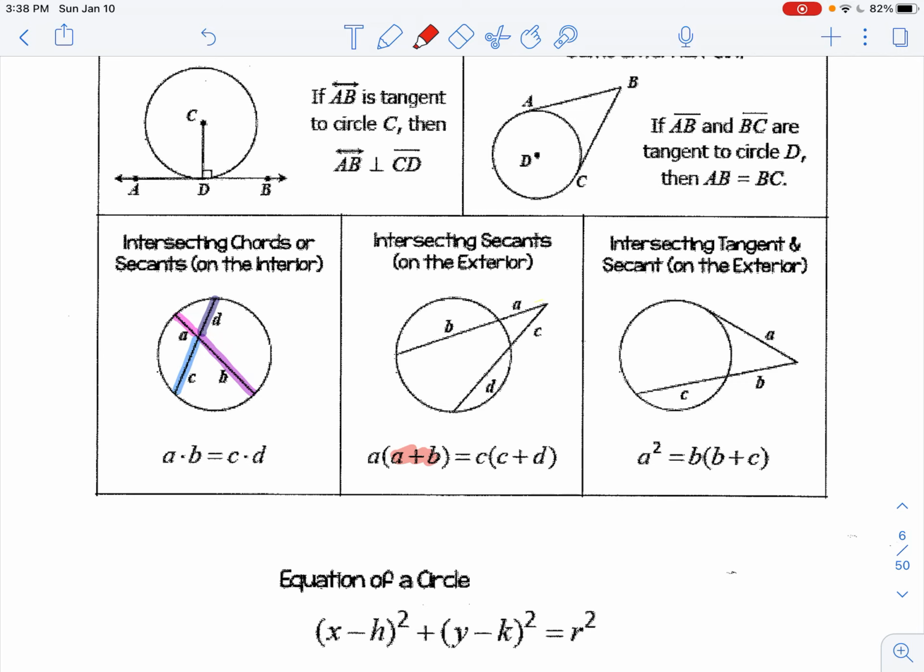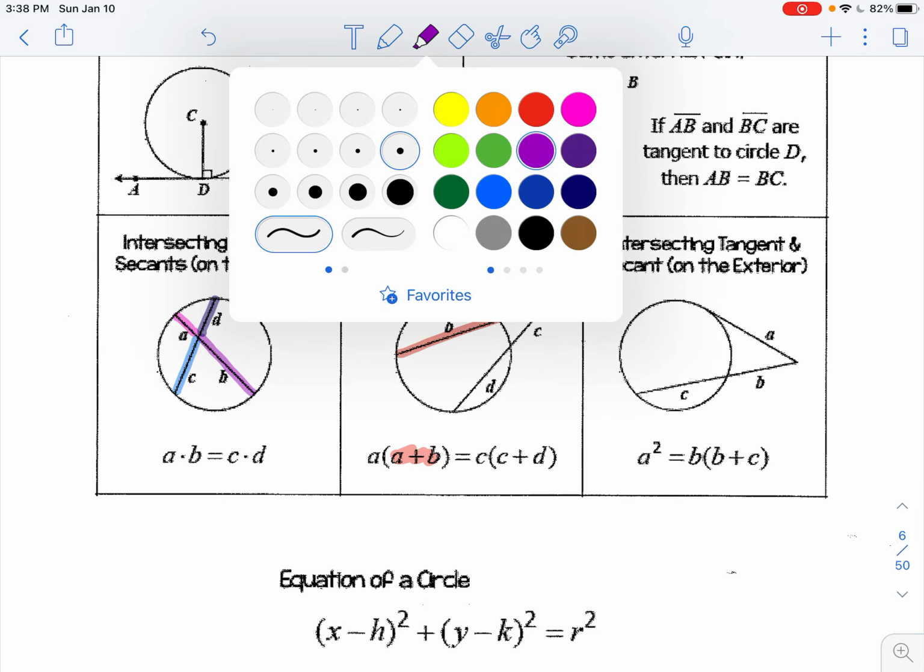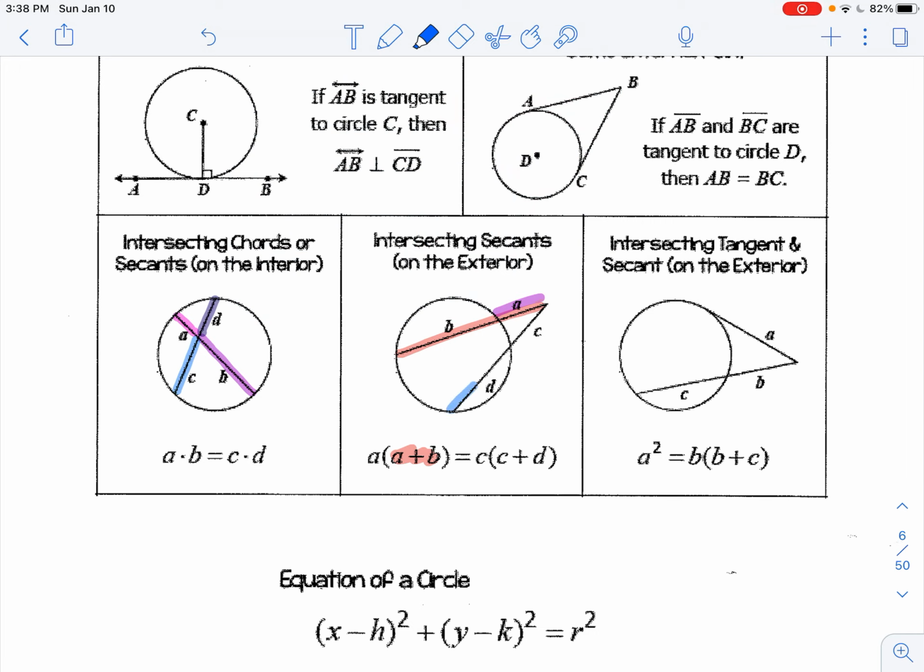And what this is saying is that A plus B, that's this whole length, times A, is going to equal C plus D, this whole length, times just this outside part. So it's the product of the whole secant times the outside equal to the whole secant times the outside.